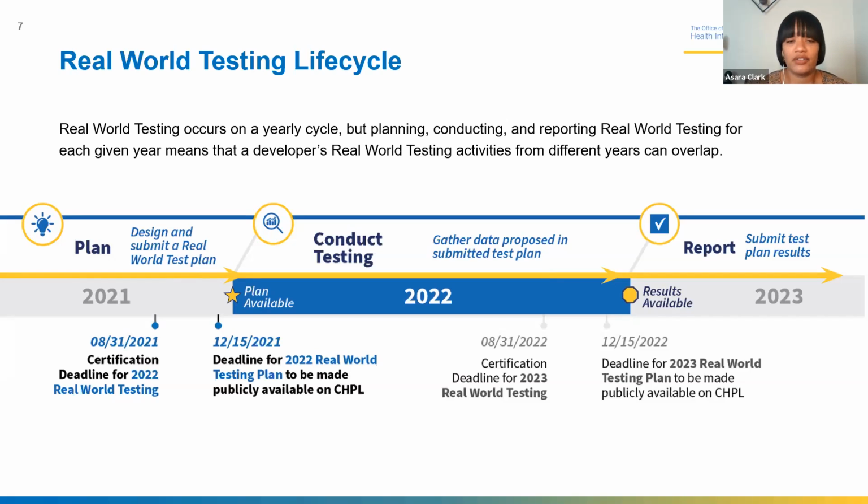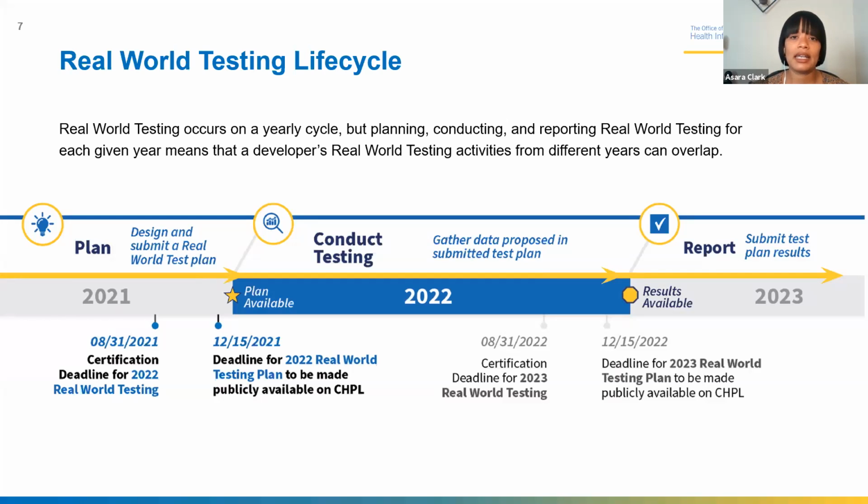All right, now as you're planning for your calendar year 2022 real-world testing, you're going to start some activities in 2021, okay? So the deadline for all certifications that must be included in the following year of real-world testing is August 31st. So in this particular example, you're going to include in your real-world testing for calendar year 2022 all certifications to applicable certification criteria as of August 31st of 2021.